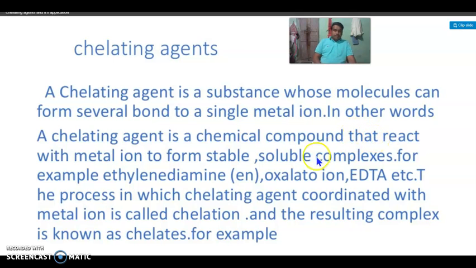For example, ethylene diamine, oxalato ion, EDTA, etc. The process in which a chelating agent coordinates with a metal ion is called chelation, and the resulting complex is known as a chelate.